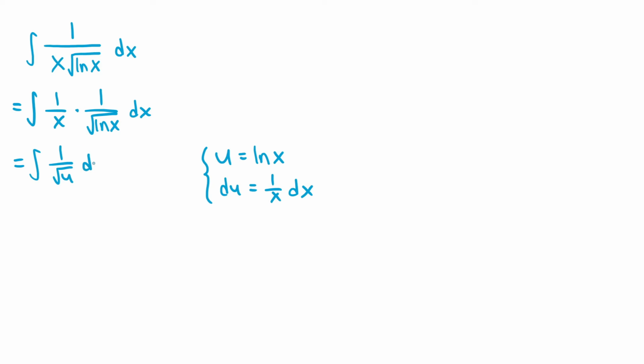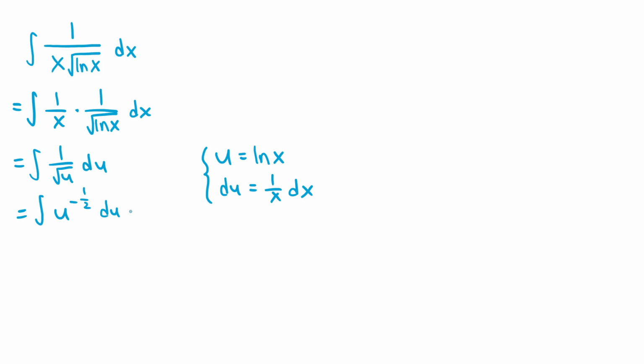So this is just the integral of 1 over the square root of u du. The square root of u is just equal to u to the power of 1/2, so 1 divided by the square root of u is just equal to u to the power of negative 1/2. So we can rewrite this integral as the integral of u to the power of negative 1/2 du. We can use the power rule of integration to integrate this.